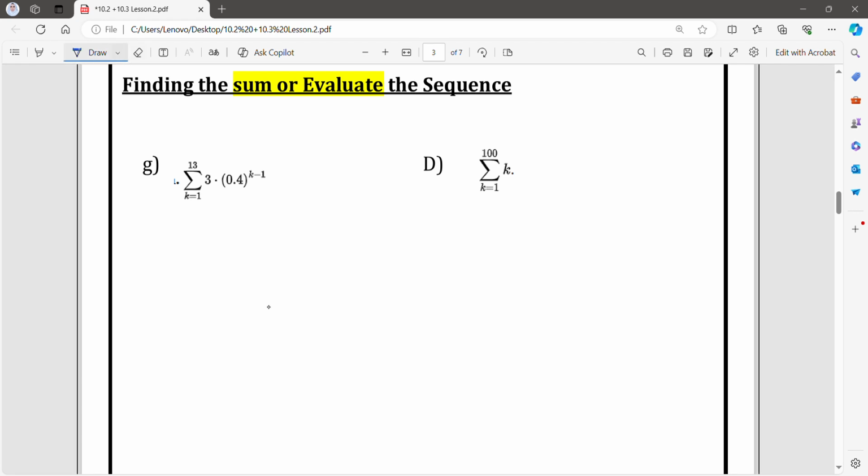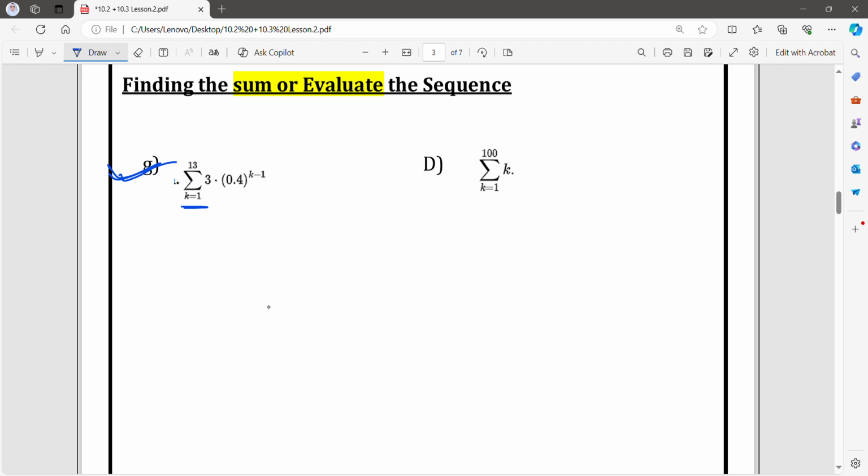In the first part, I need to find the sum of this sequence. They can say find the sum or evaluate. First of all I have to know whether this is arithmetic or geometric, so you have to check k. Whatever the letter they are using, here it is k.